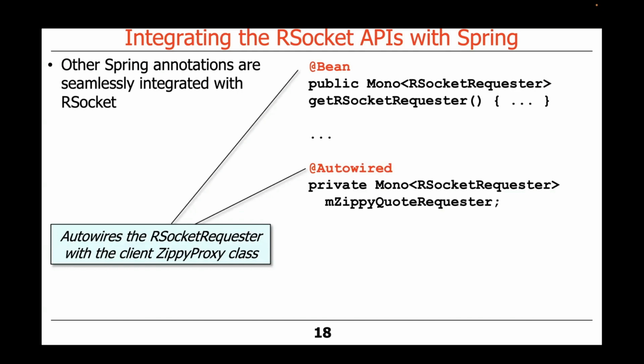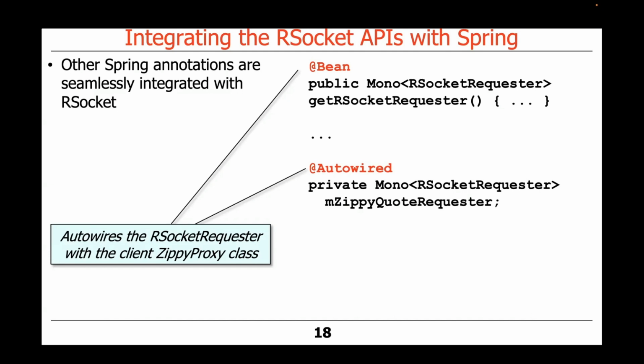We'll take a look at this shortly, where we're going to have a test program with a private zippy quote requester field that's of type mono of RSocket requester. And we're going to have a bean that's going to be auto wired to produce the appropriate RSocket requester mono after setting up a connection with the server.